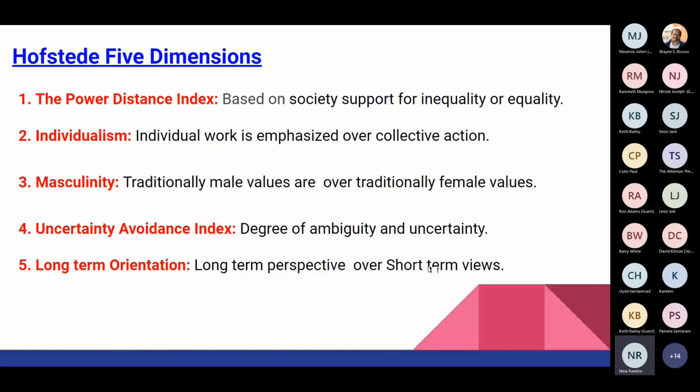Then we have the uncertainty avoidance index, and this is the degree of tolerance for ambiguity and uncertainty. A high uncertainty avoidance index indicates a low tolerance for uncertainty, ambiguity, and risk-taking, minimized through strict rules and regulations. A low uncertainty avoidance index indicates a high tolerance of uncertainty, ambiguity, and risk-taking. The unknown is openly accepted, and there is laxity in rules and regulations.